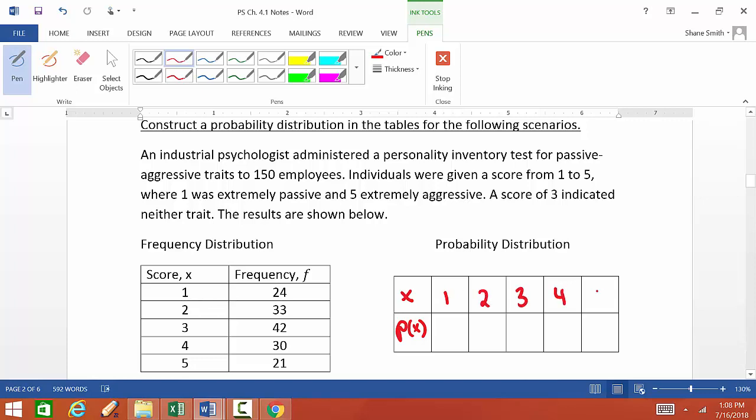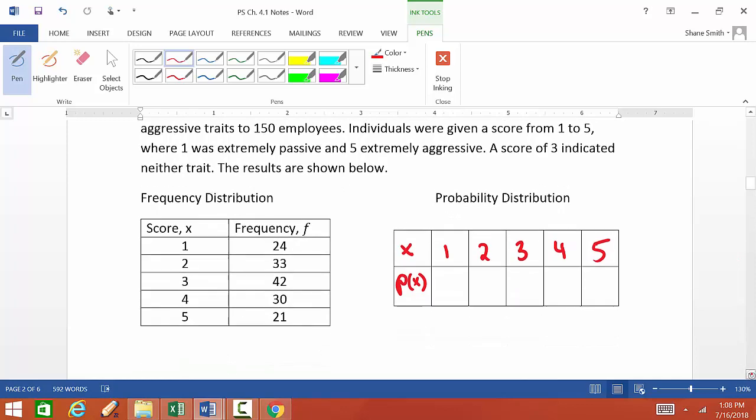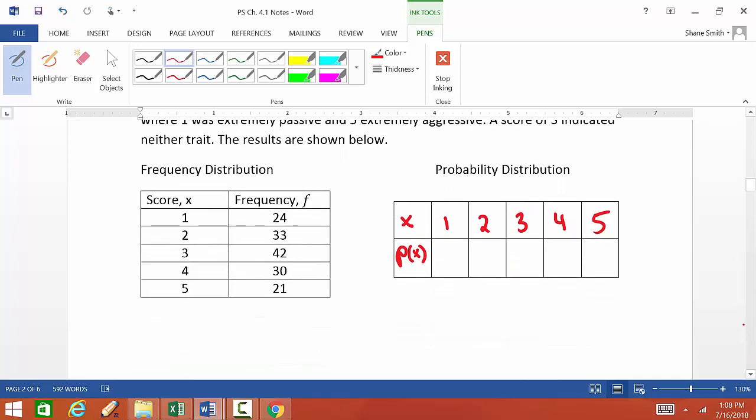So my random variable x is the same thing as the score, which is 1 through 5. But the frequency is how many people got that score. Now I want the probability. If I want the probability of selecting someone with a score of 1 from this group, I know 24 people got that score.